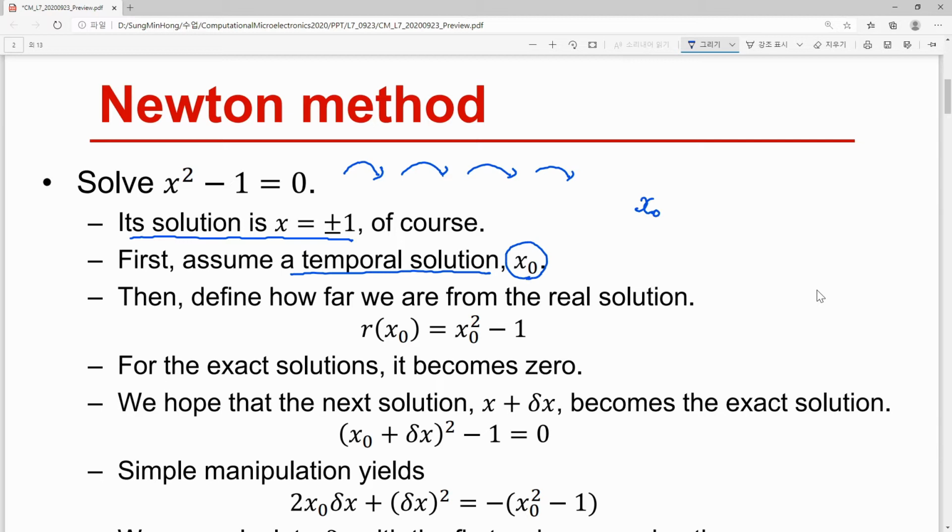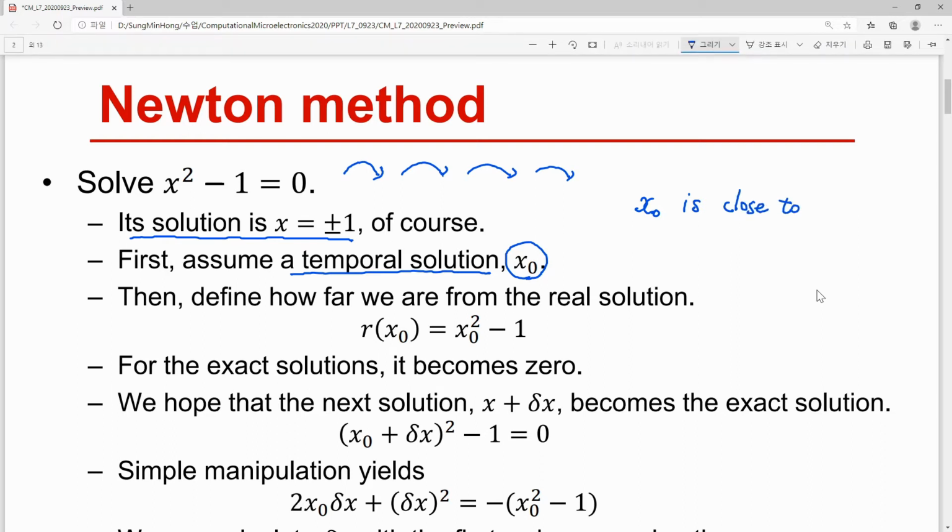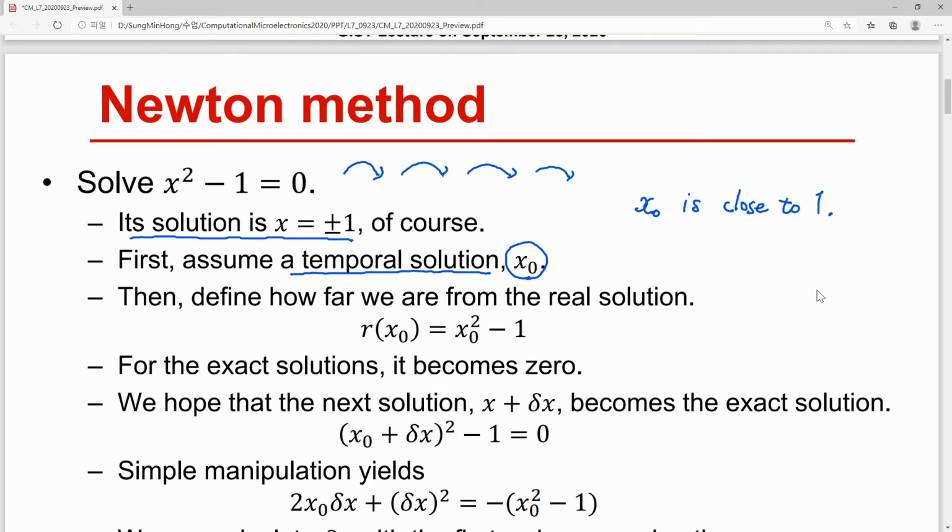If x naught is close to 1, then maybe we will say, oh, x naught is close to the solution.